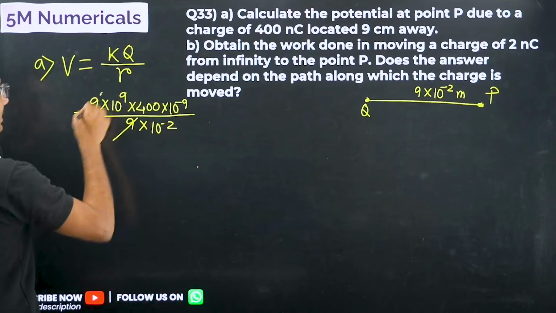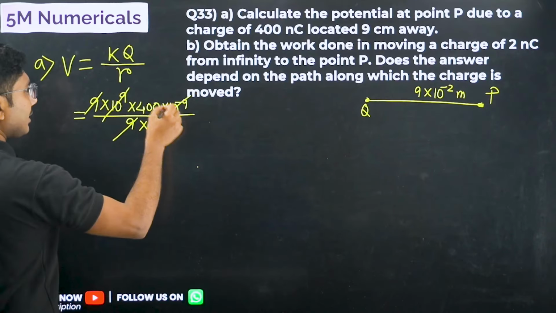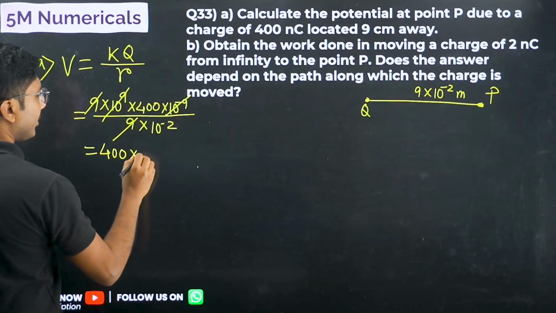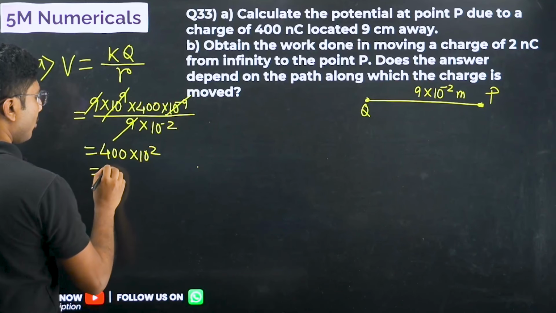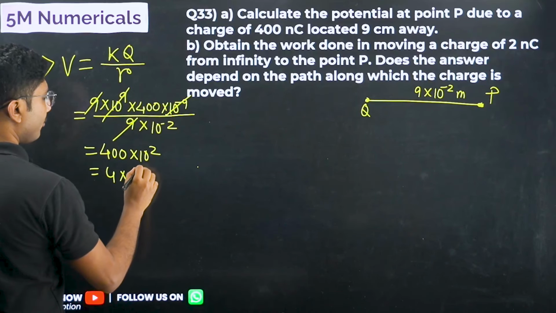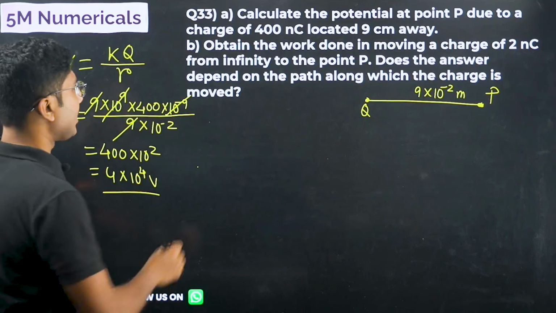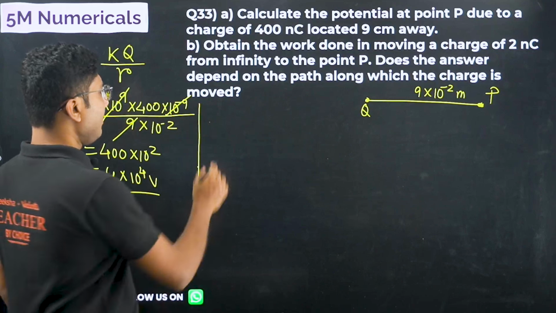Now 9 cancels, and 10 to the power of 9 with 10 to the power of minus 9 cancels. So you get 400 into 10 to the power of 2, or 4 into 10 to the power of 4 volt. This is the electrostatic potential. So we have calculated the potential. Now what? Part B.